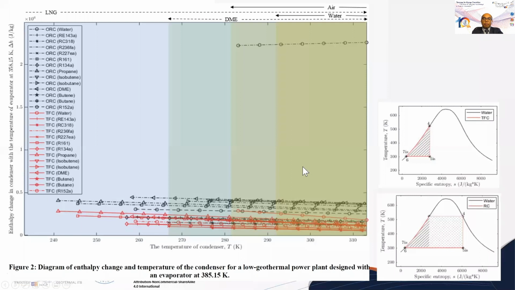This is one of our results. This is the diagram of enthalpy change and the temperature of the condenser for a low temperature geothermal power plant obtained from our study. Air, water, DME, and LNG have their own operating temperature as cooling sources, indicated on the top of this figure.